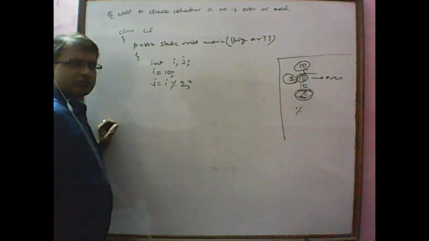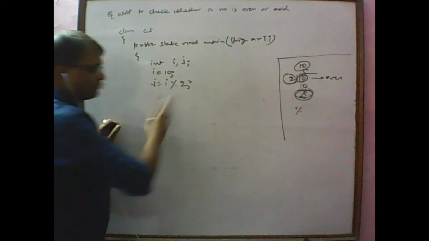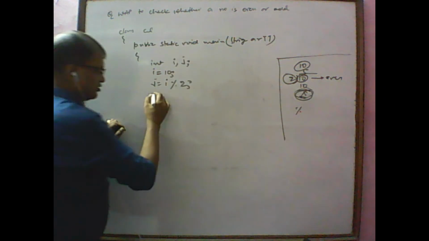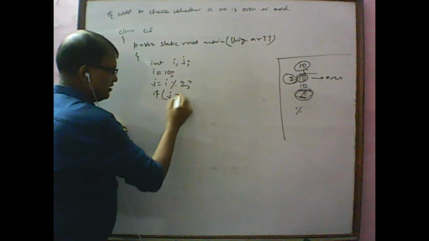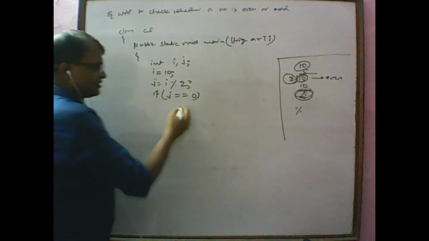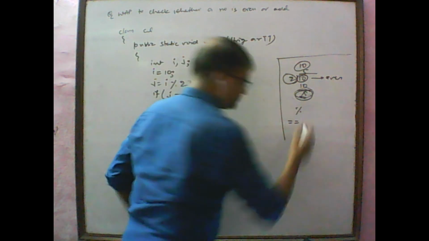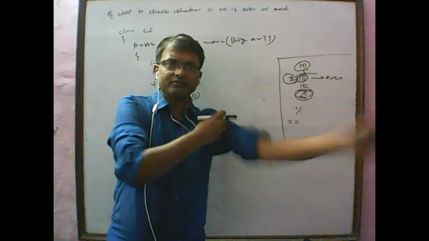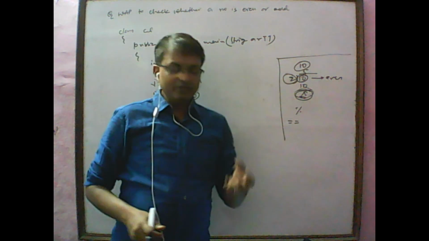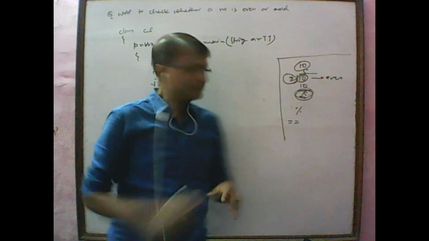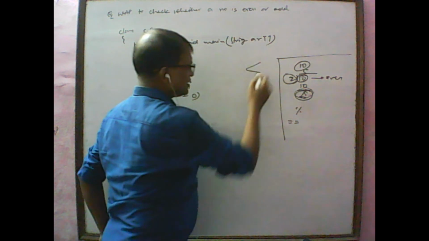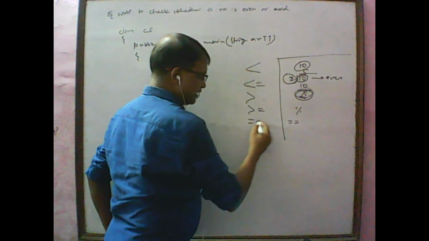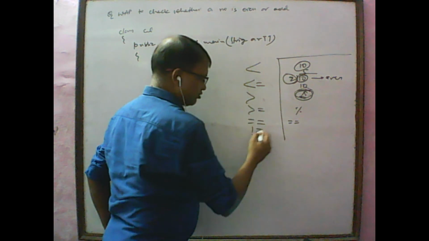Now, you have to compare this remainder, whether the remainder is equal to 0 or not. So, how will you compare? If J double equal to 0. Remember this double equal to sign. In relational operators, we have already discussed this type of sign: less than, less than or equal to, greater than, greater than or equal to, double equal to, and not equal to.